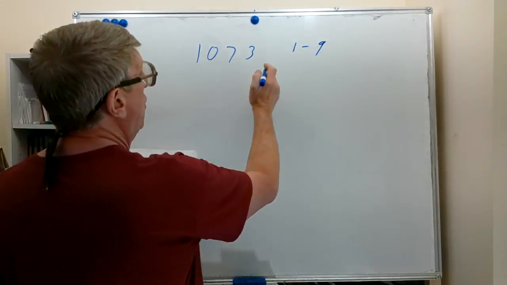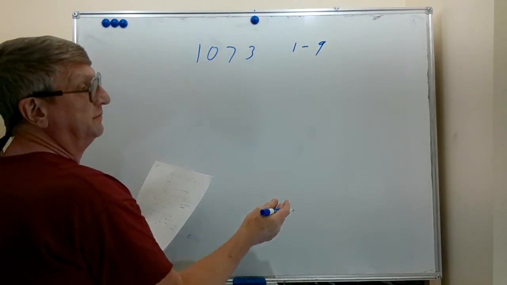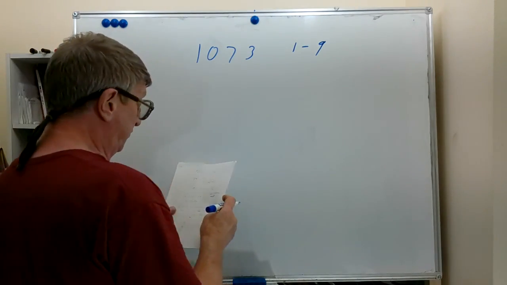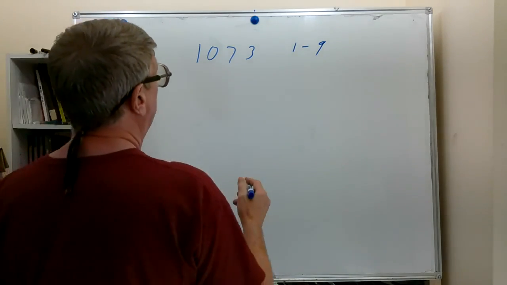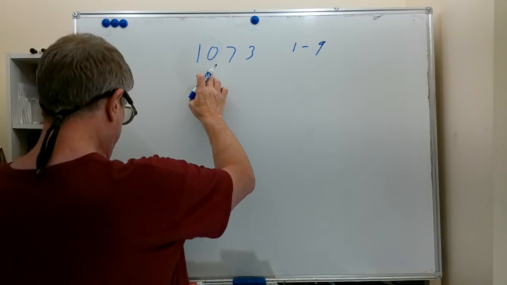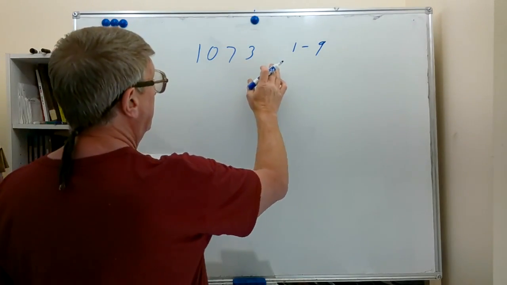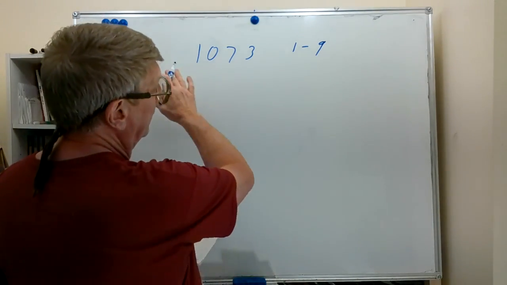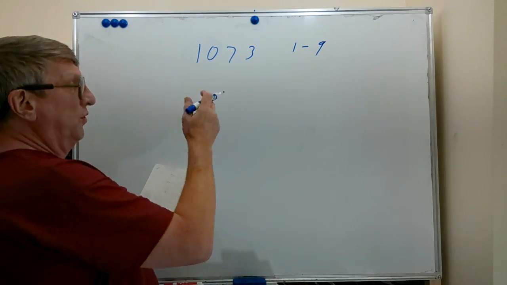And this is what we call a whole number. We have no fractional part. Zeros are significant when they are not the first number and not the last number in a whole number.